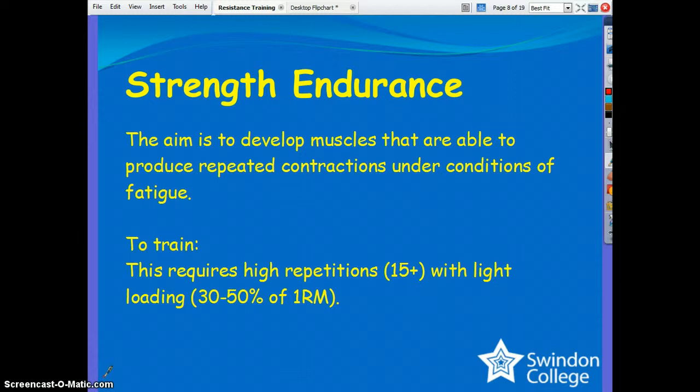When we're doing strength endurance, about 30% of that number would be what we use. So for example, if I was able to lift 100 kilos, I would lift 30 kilos for anything between 15 and 20 repetitions to work my strength endurance.